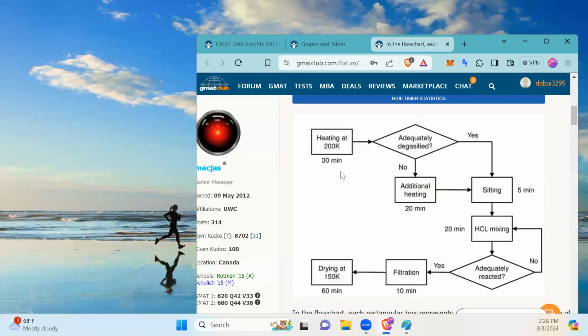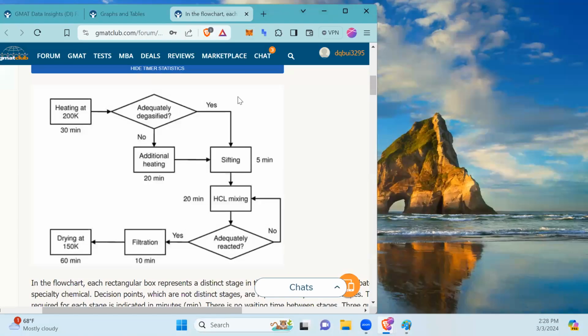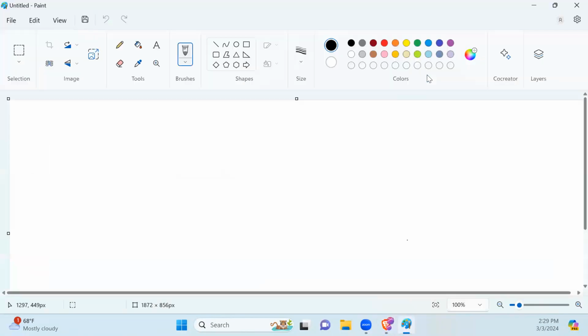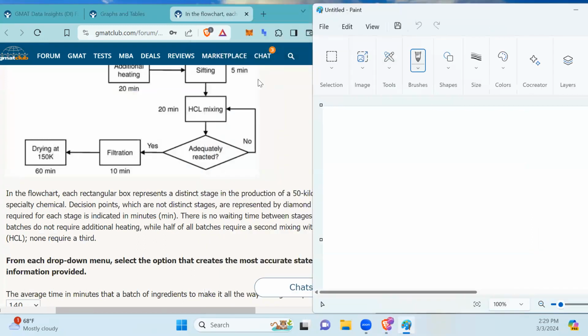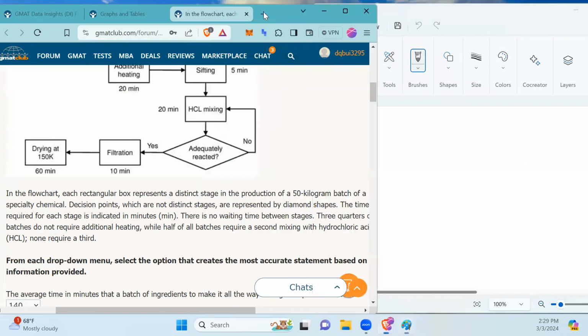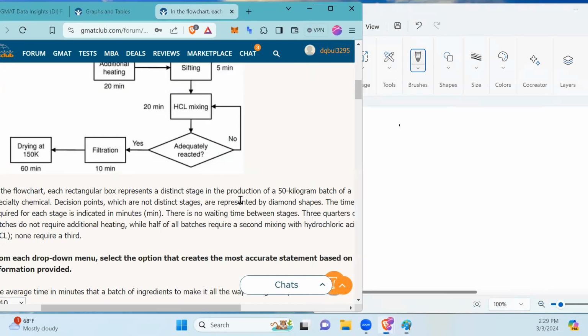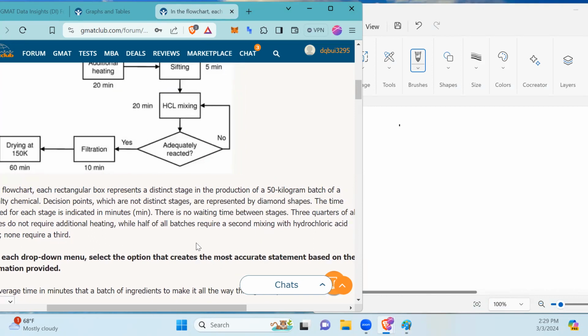Since it's an average, I assume that there are 4 batches. And then I take the average of each step for all the batches. One key note here is that because they are talking about only the ratio, so we have 3/4 and half.